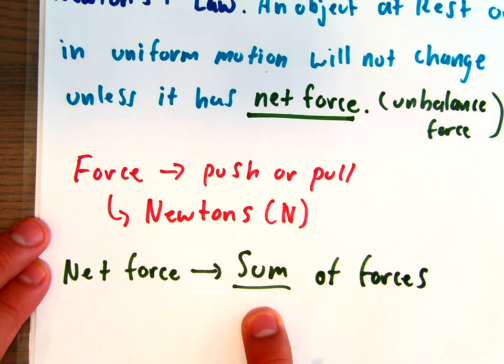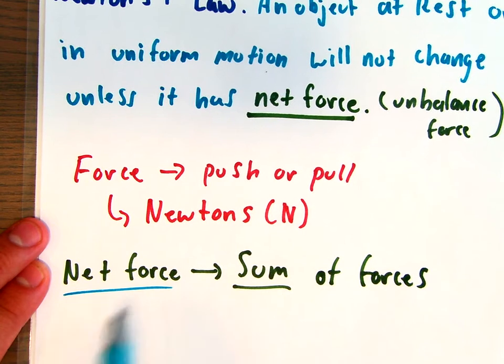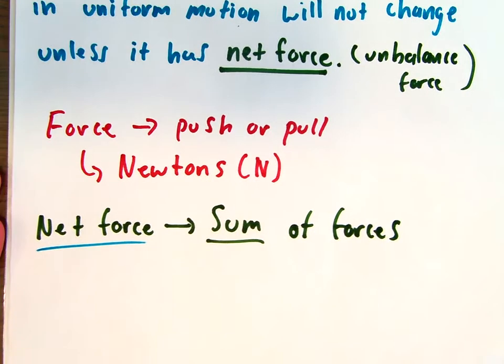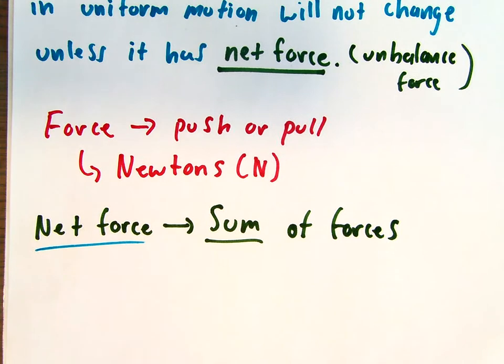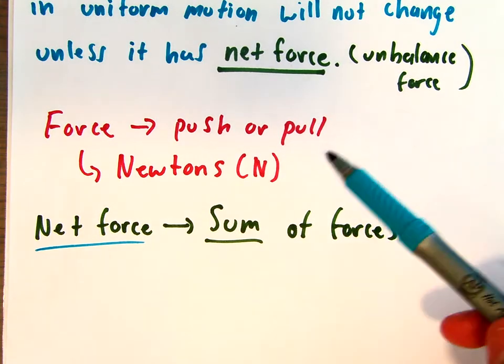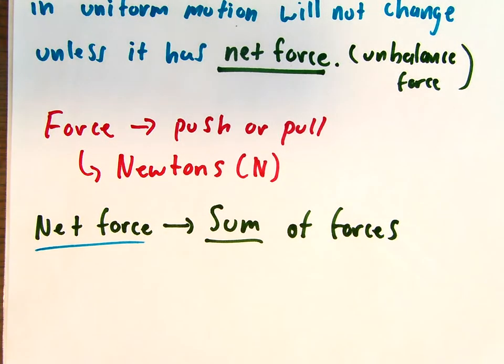You add up all the forces, and whatever you get is your net force. Again, a force is just a push or pull, such as gravity, an applied force, or friction. There's a bunch of different forces which we'll go over in the future.